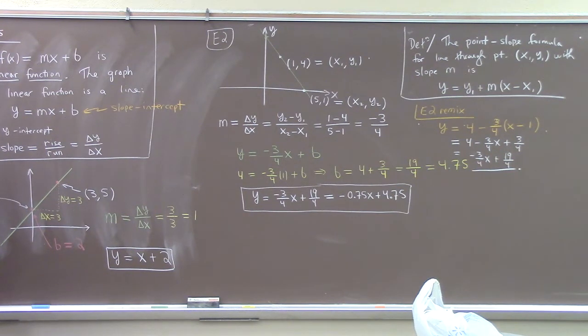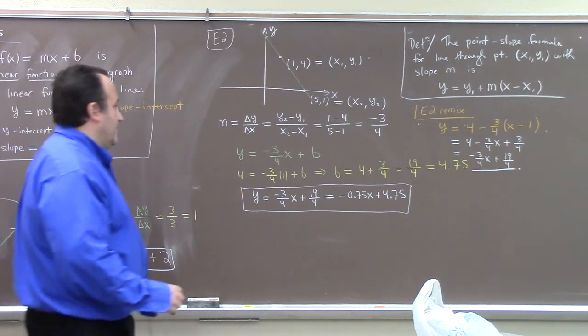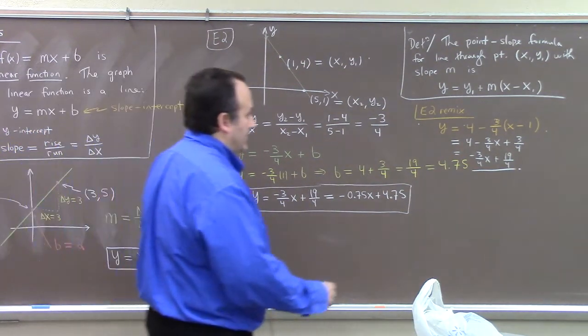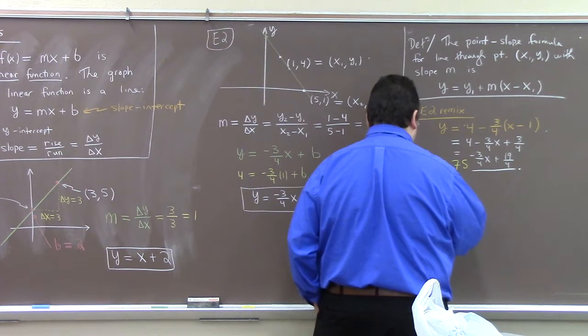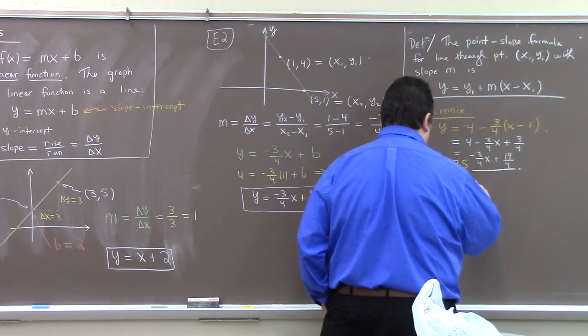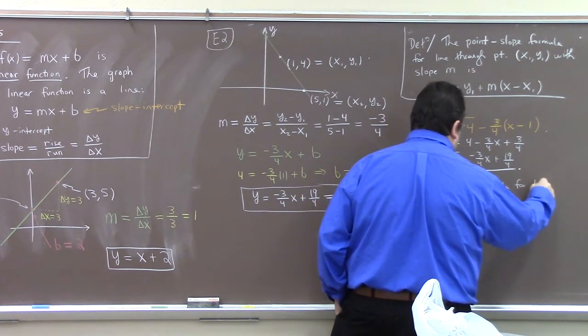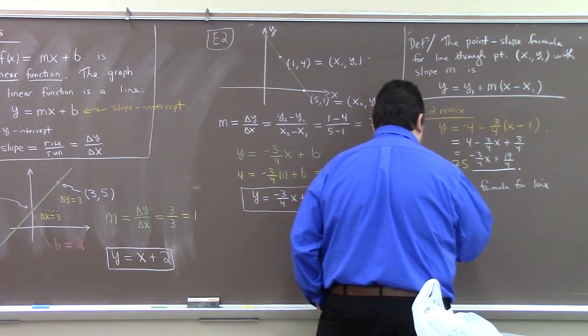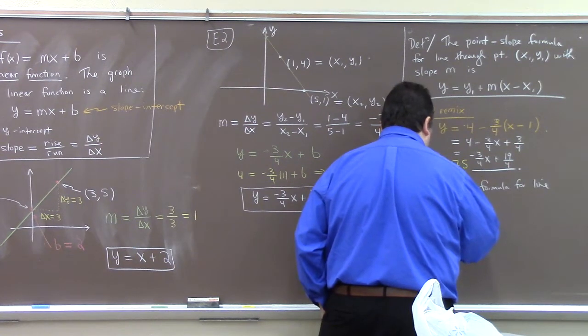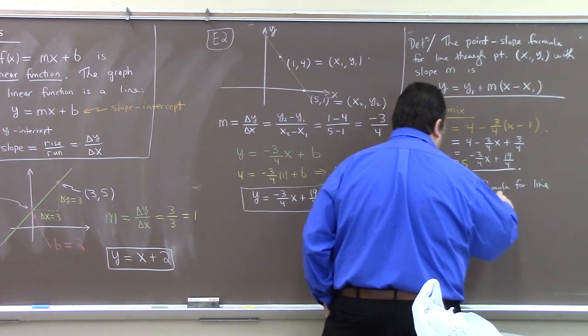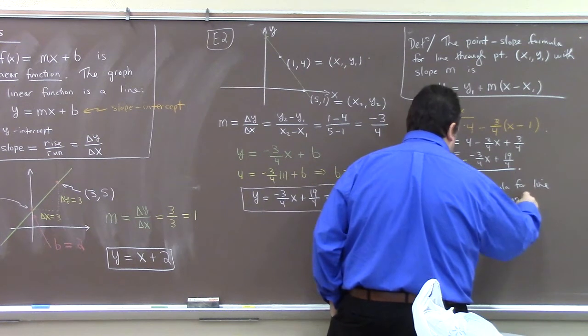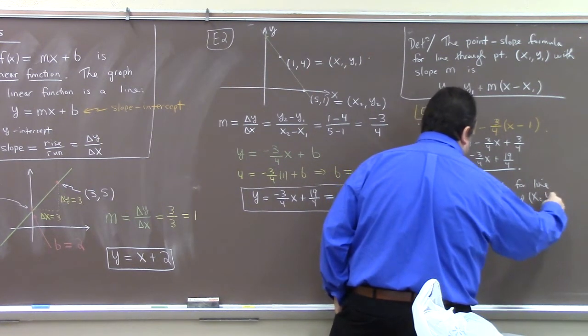There is also a 2-point formula for a line. You can just straight write the equation of a line down using the 2-point formula. Suppose you want the line through x1, y1, and x2, y2.